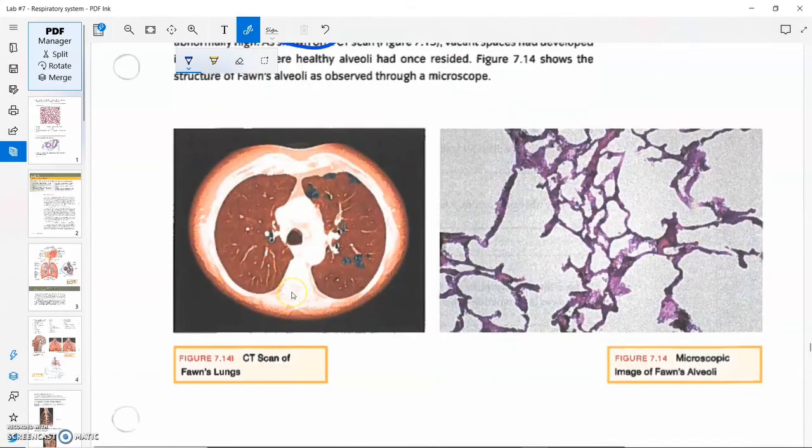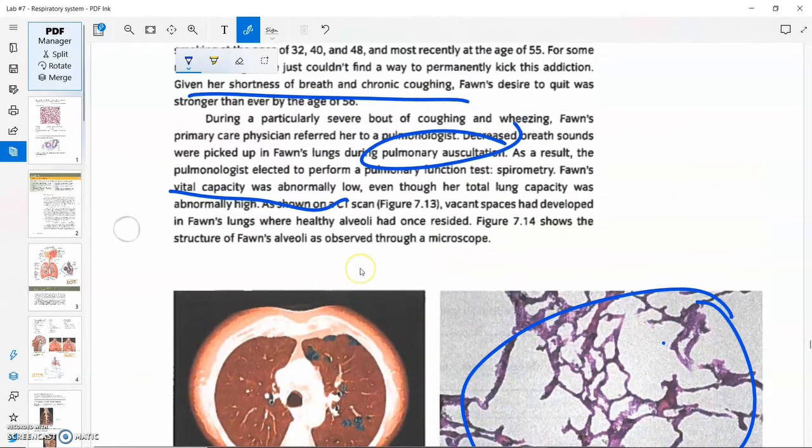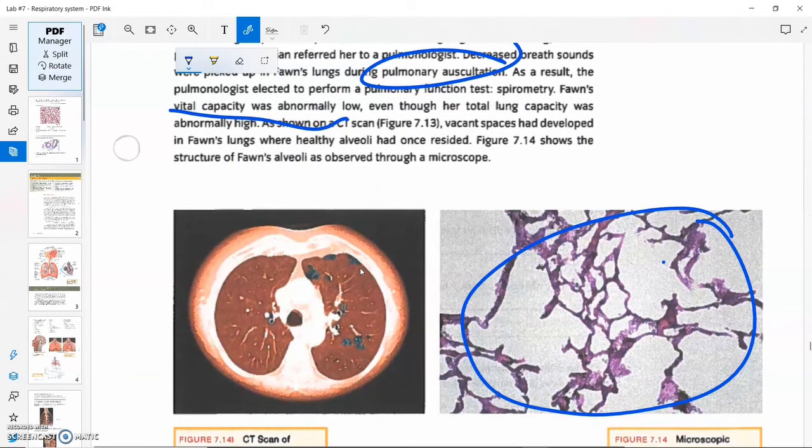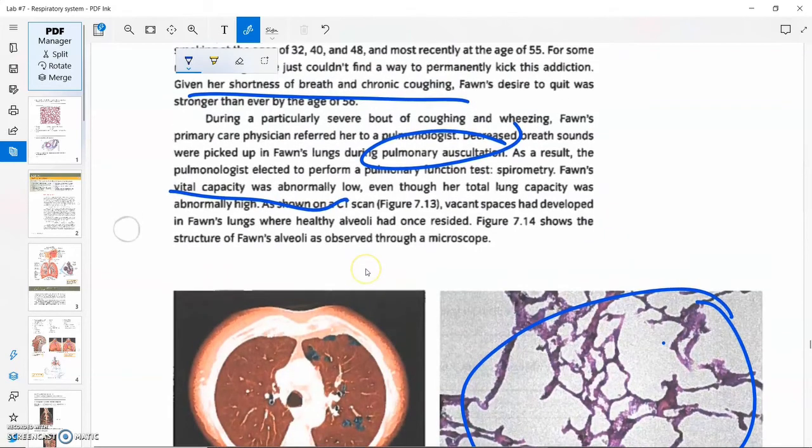It turns out many of her alveoli were destroyed. So the alveolar surface was reduced, which means less efficient gas exchange, and those are all the signs of emphysema. Vital capacity is low because she cannot inhale.